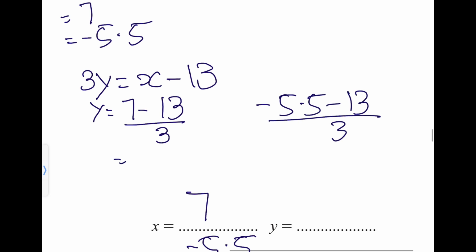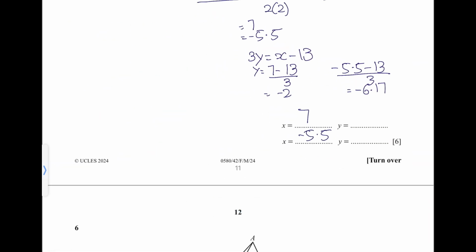So 7 minus 13 divided by 3 would give us negative 2, and negative 5.5 minus 13 divided by 3 would give us negative 6.17. So 7 is giving us negative 2, and negative 5.5 is negative 6.17.